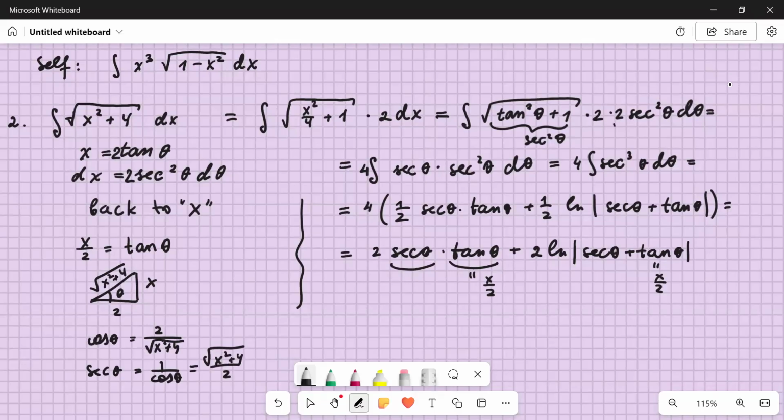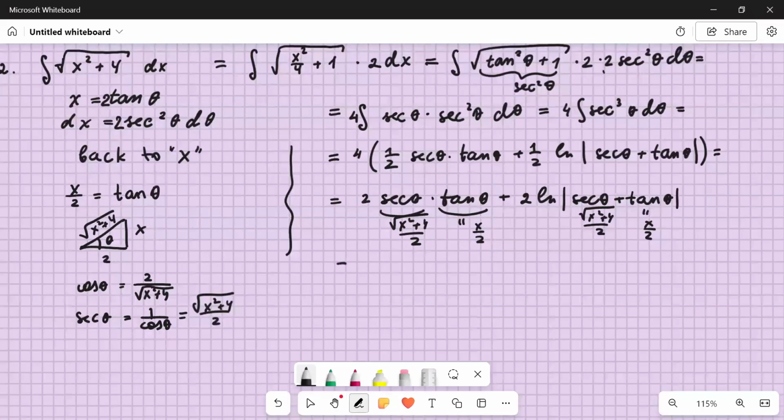Well, let's bring them back over here. So x over 2, and here it's square root of x squared plus 4 over 2. So now I'm just going to write down everything in simplified form. I think these 2 and these 2 are going to cancel, and I'm going to have x square root of x squared plus 4, and this over 2 is not going to cancel.